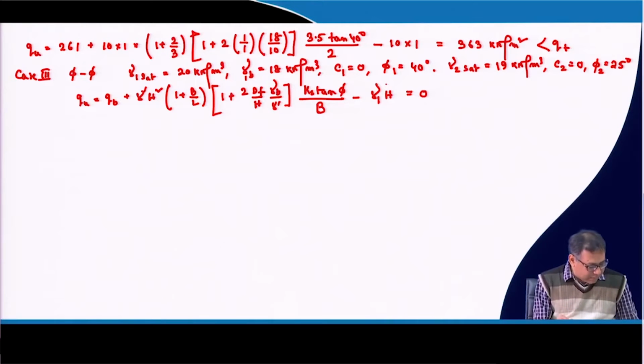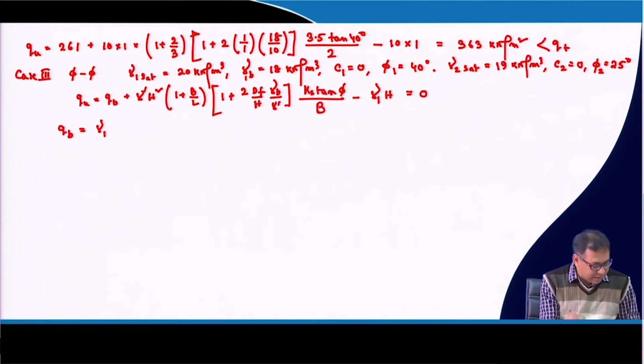Now, the q b, that is the bearing capacity of the bottom layer. The first term will definitely be 0, because now it is cohesionless soil. There will be the second term and the third term. I am writing the basic equation, later on I will modify that.